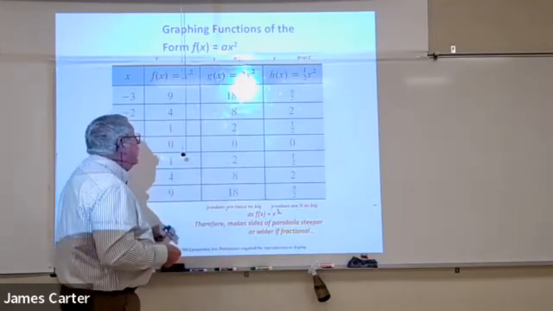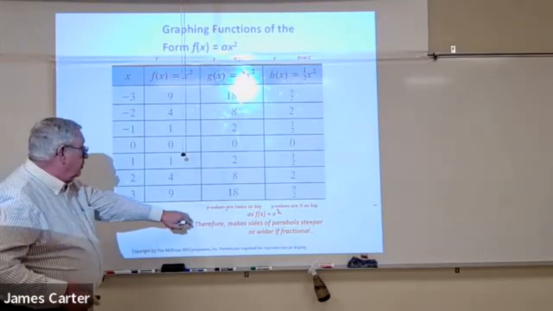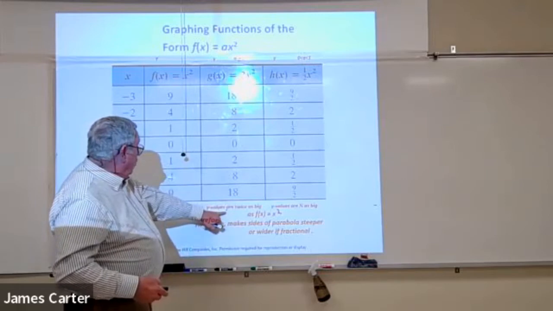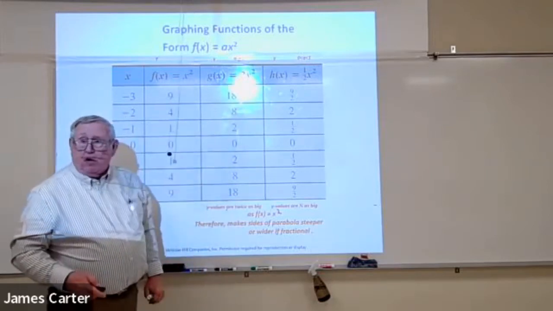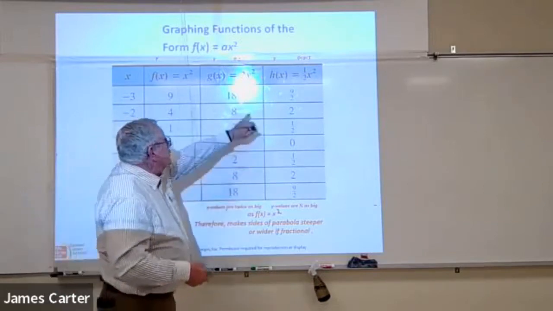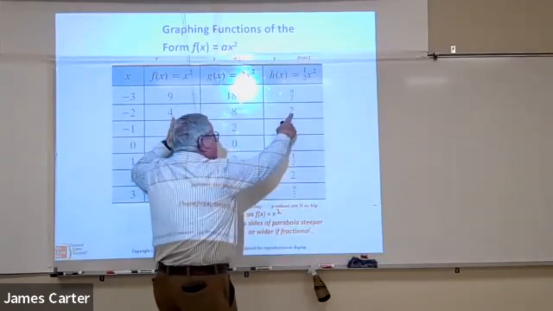Okay. Well, anyway, we got this. And what's going to happen then if you look here, in this one, all of the y values are twice as high as they were before on the basic. In this one, all the y values are half as high as the original.